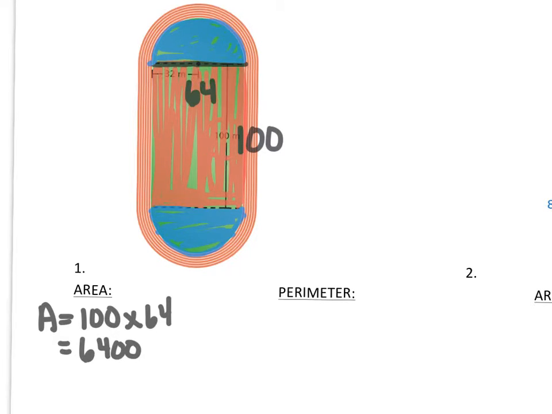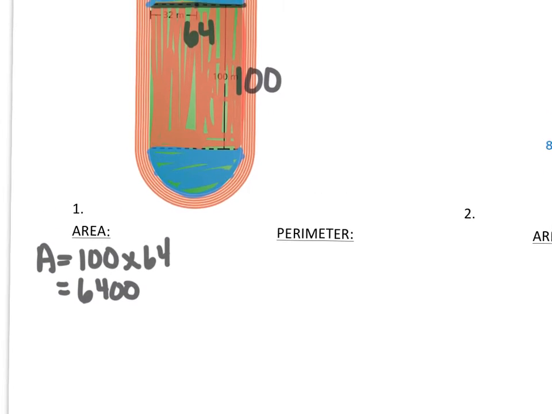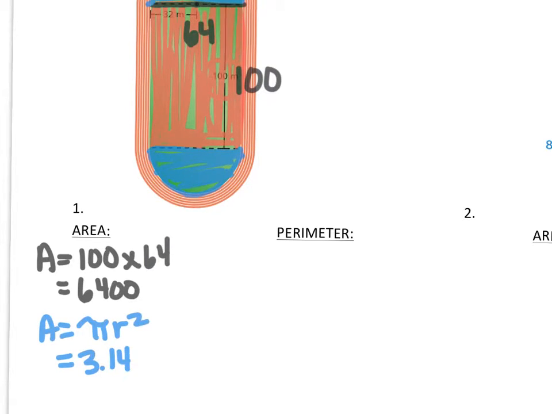So I'm simply going to use my area formula for a circle, which is pi r squared. They gave me the radius, which is 32. So I'll square that first.